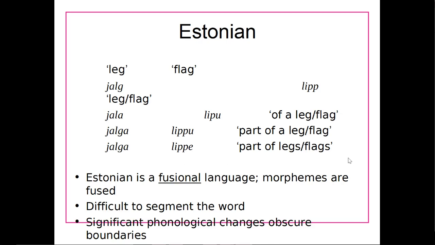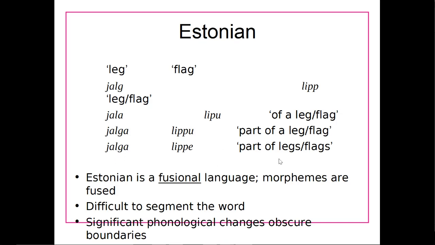So basically, what we have here is a set of words in Estonian where we are getting different meanings, but it's not so easy to pick apart what part of the word means what. So we have jalg for leg and lipp for flag. Jala and lipu: we've taken away the G and added an A, or we've taken away the P and added a U. Jalga or lippu for part.